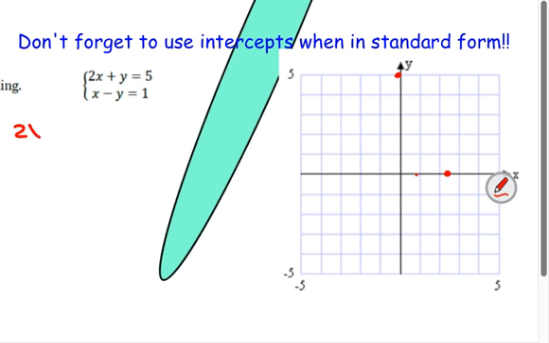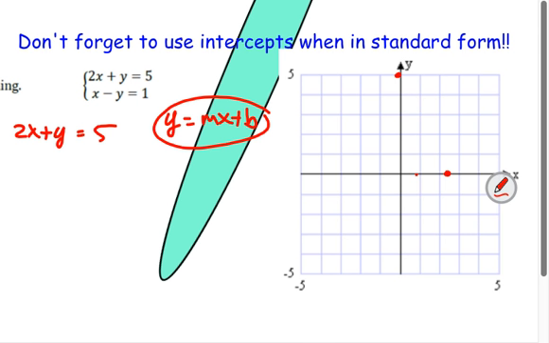So if I take 2x plus y equals 5, and put this in slope-intercept form, which is y equals mx plus b form, okay? That means I solve for y. So I would have to subtract 2x from both sides here, and I get y equals negative 2x plus 5. So according to slope-intercept form, my y-intercept is 5. Well, we already have that from the last problem.